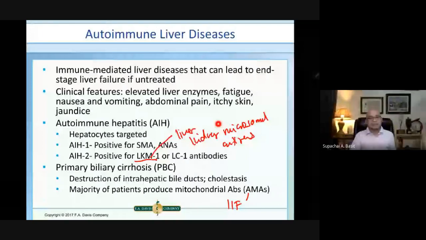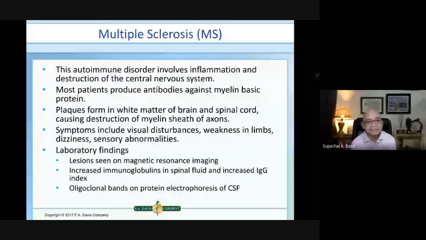Now, another example of autoimmune disease is the multiple sclerosis. Okay, so this autoimmune disease, multiple sclerosis, is characterized by inflammation and destruction of the central nervous system.